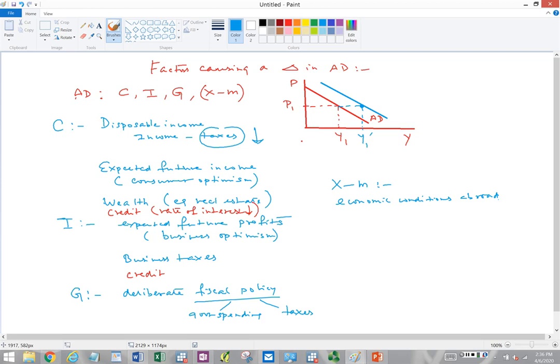Right? The other factor here would be the relative price of US goods to foreign goods. Right? And this is impacted by the currency exchange rate. Let me explain. If US goods became cheaper relative to foreign goods, what would that do to our exports?